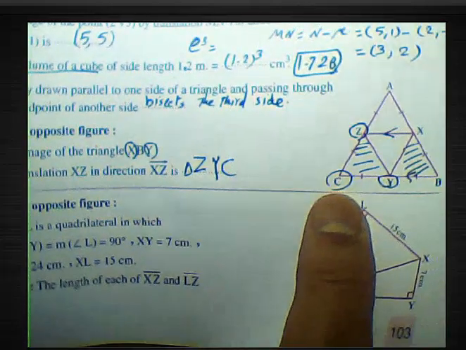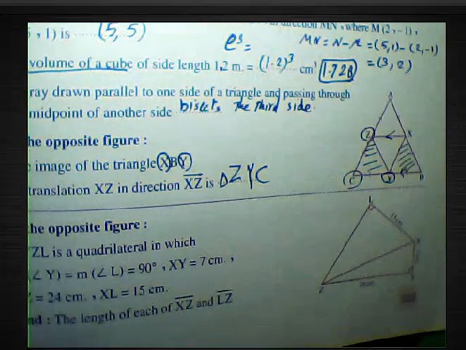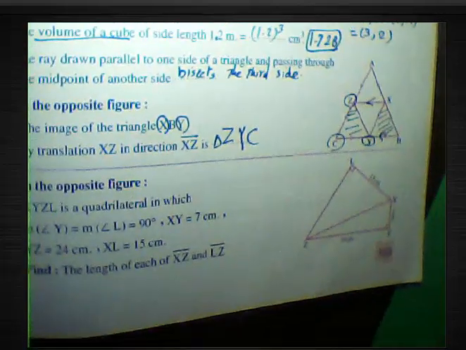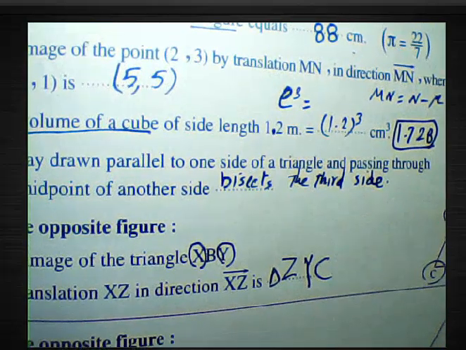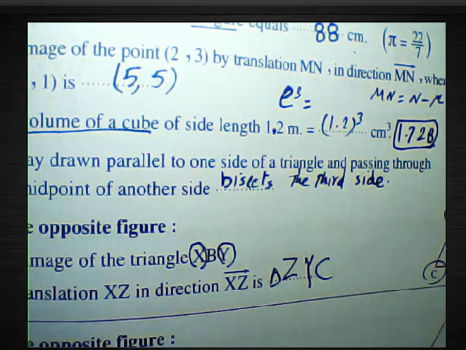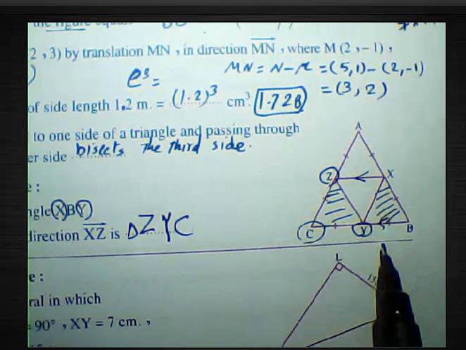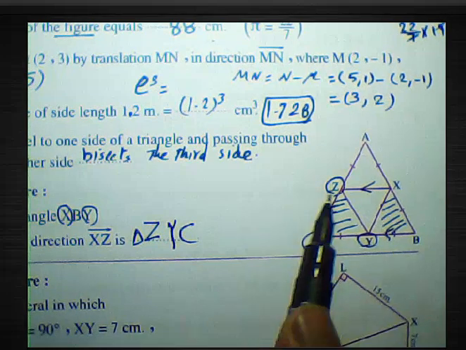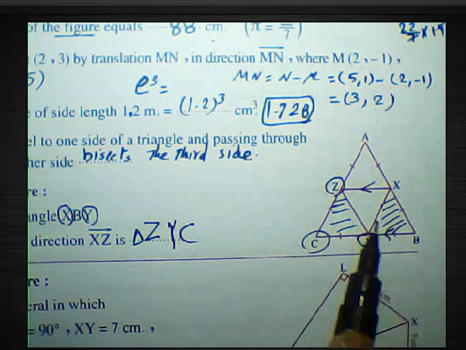Okay, translation to ZYC. Understood the difference? Translation will be ZYC. Look again: this triangle XBY will be translated by direction XZ, by the length XZ, it will be ZYC.